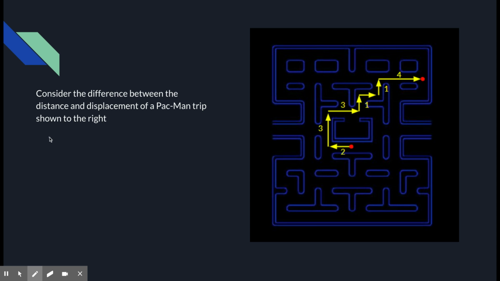They went 2 to the left, 3 up, 3 to the right, 1 up, 1 right, 1 up, and 4, and you should get 2, 3, 5, 8, 15. So they've traveled 15 spaces.